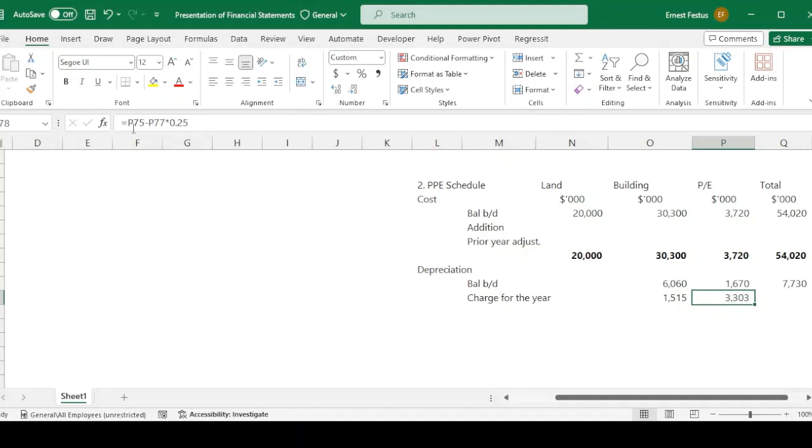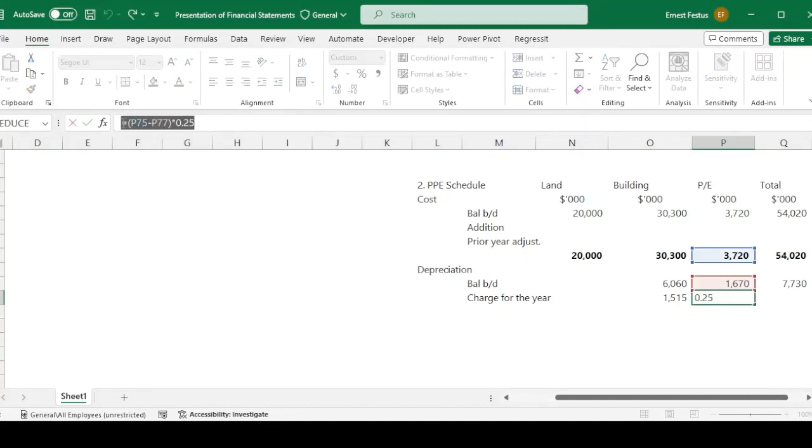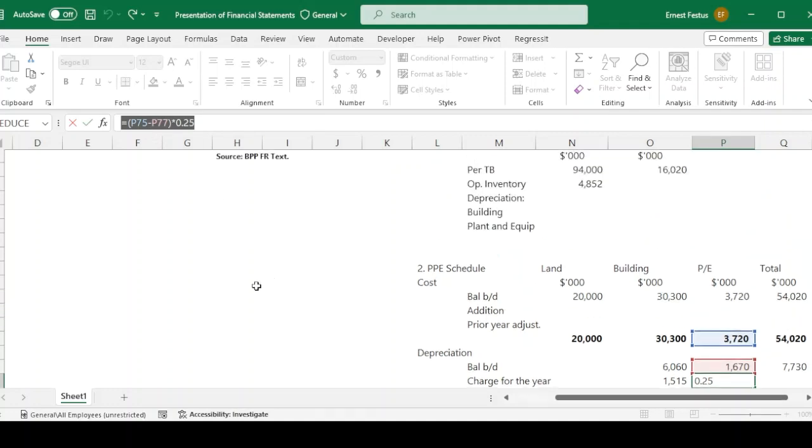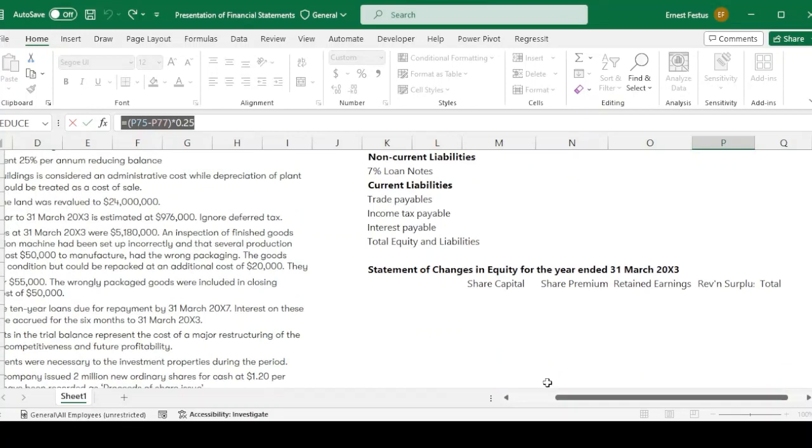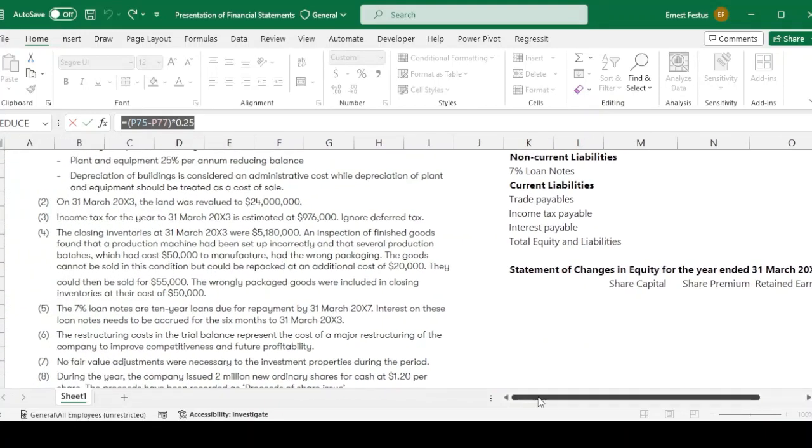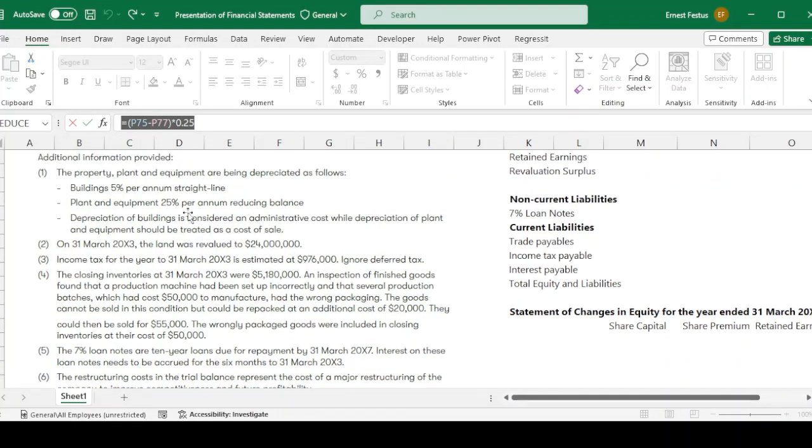So let me actually put this in brackets because I think it's not calculating well. You have 513. Now, the reason why I did this, as we have in the formula bar here, is because the plant and equipment are depreciated on the reducing balance method.